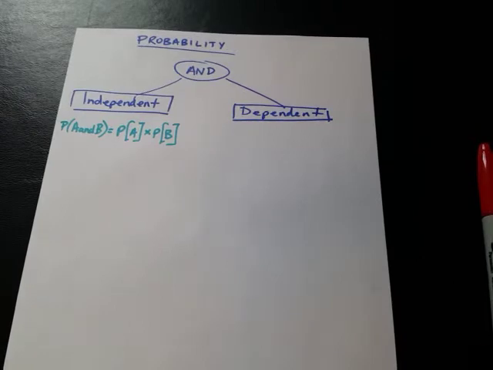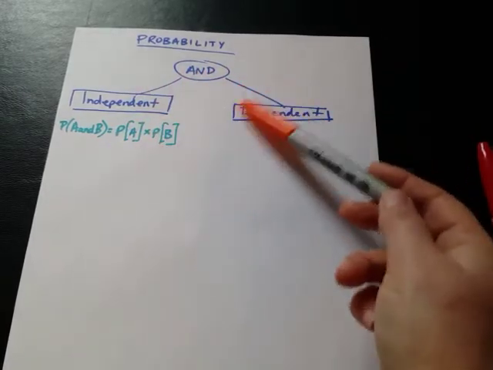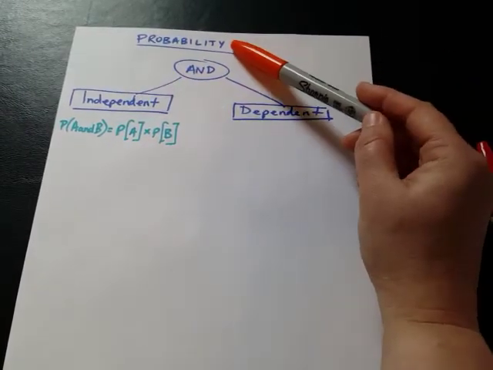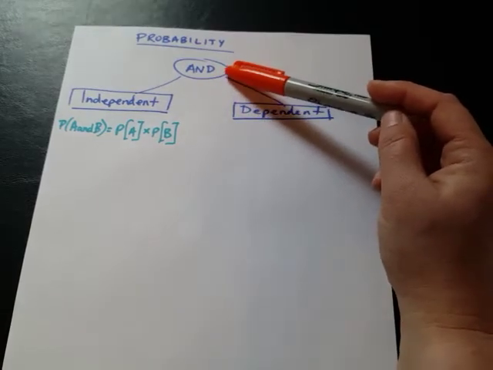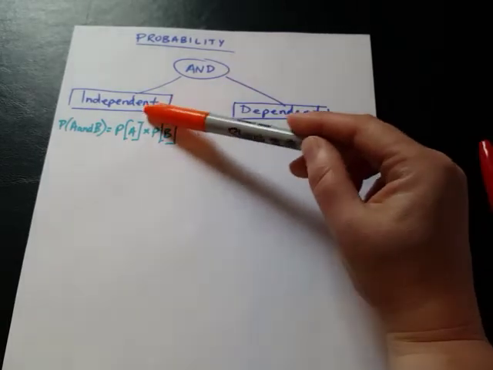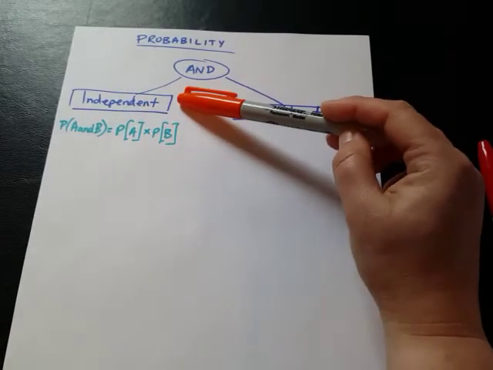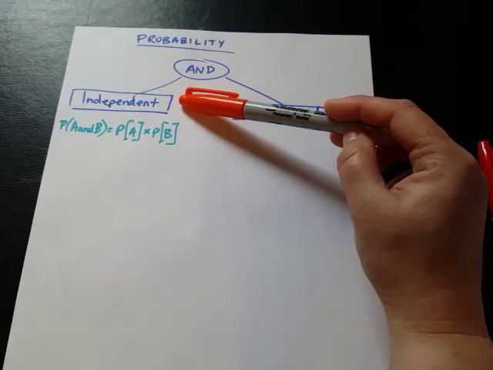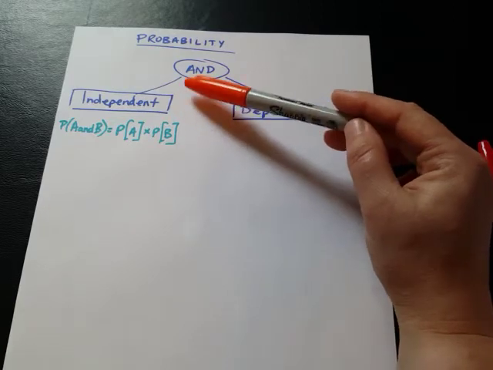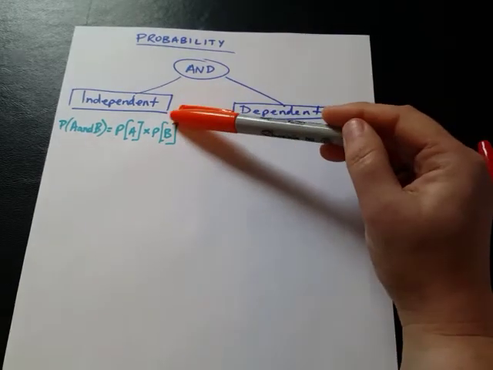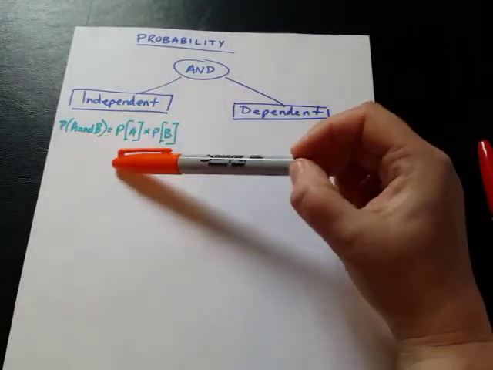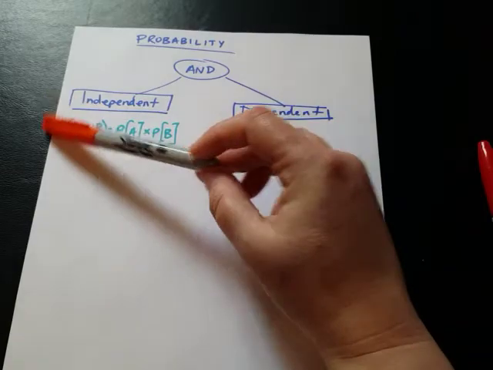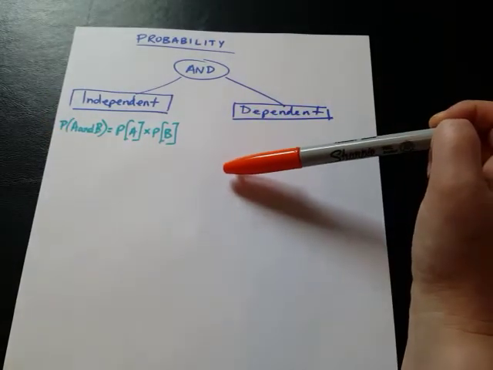So I'm going to just take us on this journey where we're beginning with probability. We're beginning with questions that have the keyword "and" in them. And so we're going to start down one branch called independent events. If you wanted to keep track of this, this is also going to be up on Schoology, but we're going to start in a place where we're talking about two different things happening.